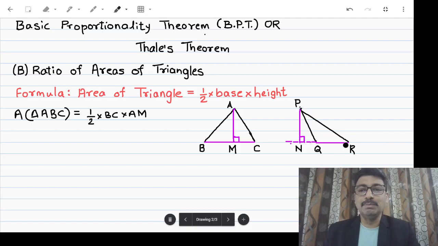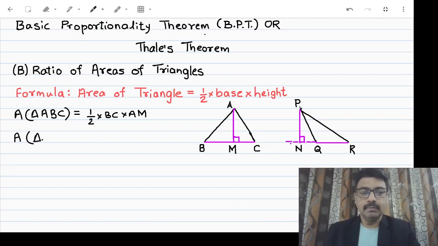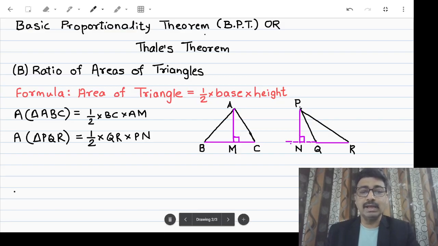Thus QR will be the base and PN will be the height, and the area of triangle PQR will be half into base QR into height PN.